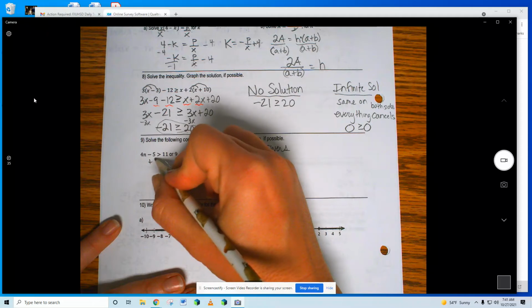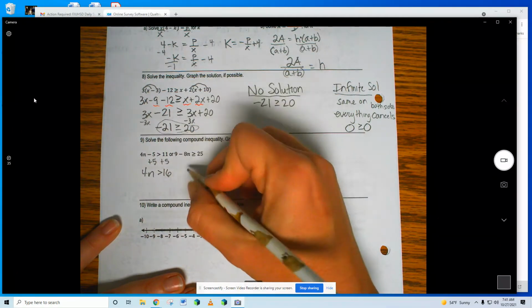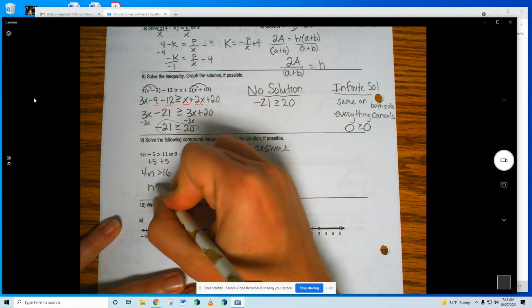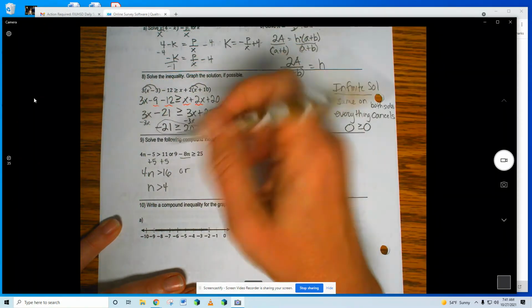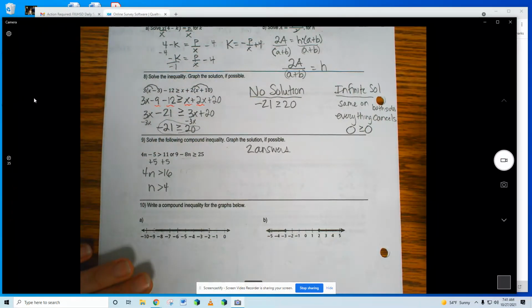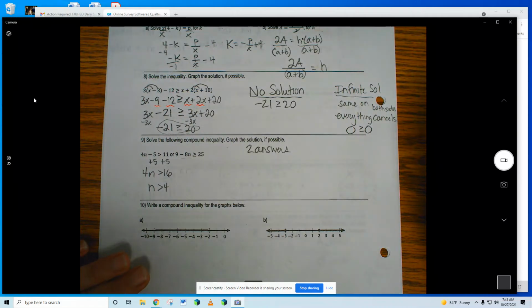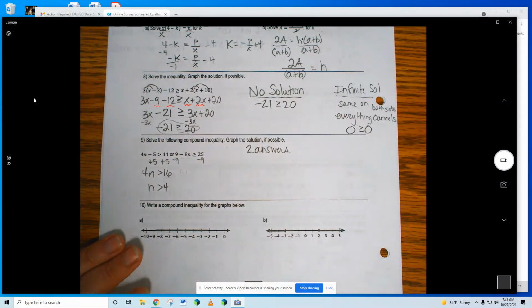So you're just solving. 4n is greater than 16, or so that's one equation, one inequality solved. Subtract 9 first, right?